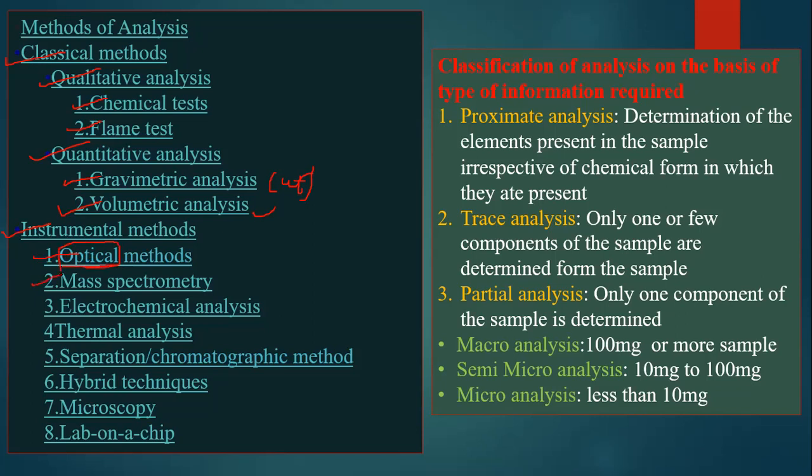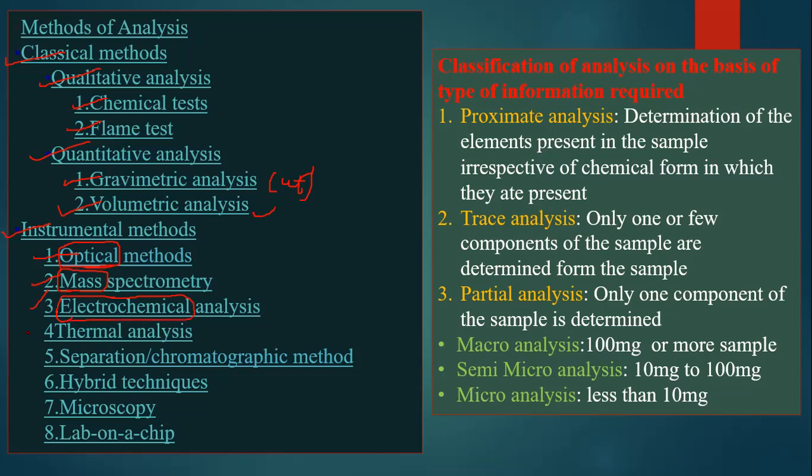Then mass spectrometry, by which you come to know the molecular weight of any particular molecule present in the substance, and the moieties. Then electrochemical analysis, where you use electricity as an analysis tool for chemicals.